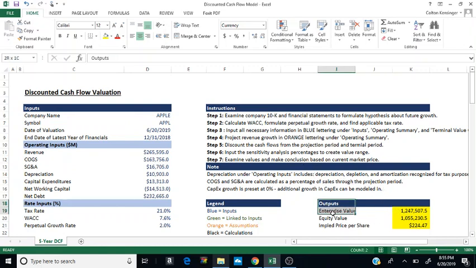So we come over here and we have our enterprise value and our equity value. What are those? What does that even mean? Basically, our enterprise value is the total market cap of the company plus all their debt. And that's going to give us our enterprise value. Apple is a giant company. Their enterprise value is $1,247,507,000,000.